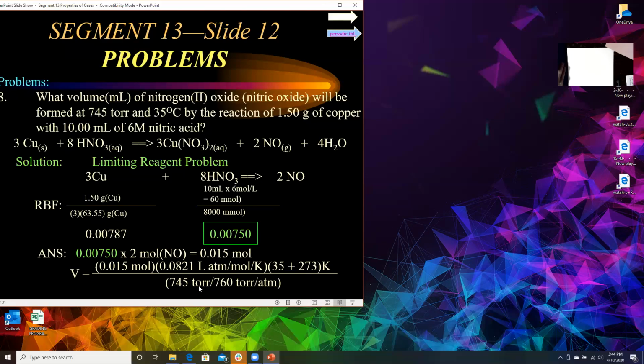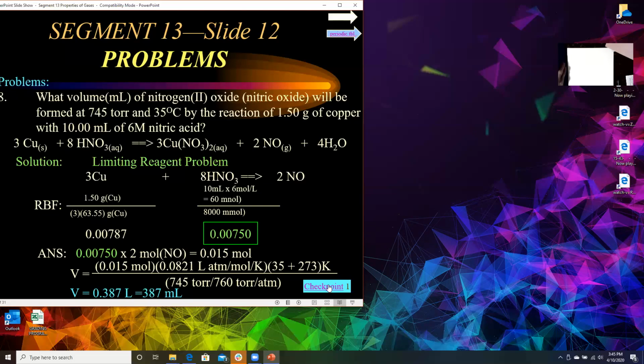The pressure is 745 torr divided by 760 torr per atmosphere, because we have to have it in atmospheres. That's what this factor does, converts to atmospheres. We got a little messy math, but you can clean it up. And if you do, you will get 0.387 liters or 387 milliliters, depending on what unit the answer is going to be in.